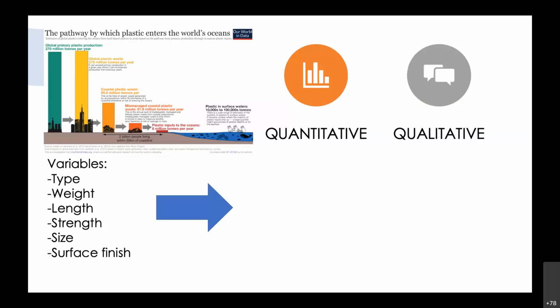Alia Maisara, where are you? Anyone want to help answer? Qualitative. Type is qualitative because you cannot measure the type. So the type can be light plastic or heavy plastic or different kinds of plastic. Okay, weight is what? Just answer, because I call names also there's no response.